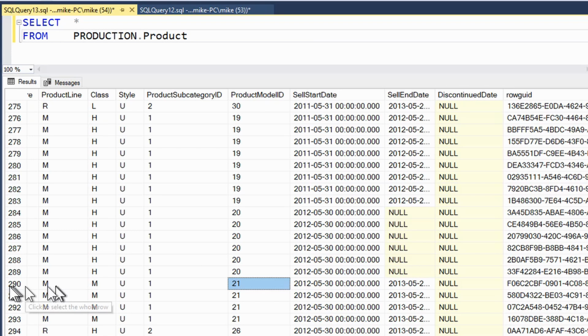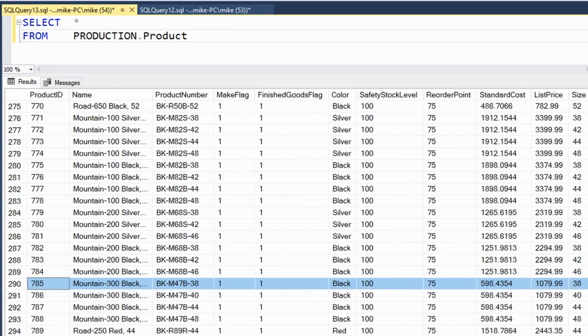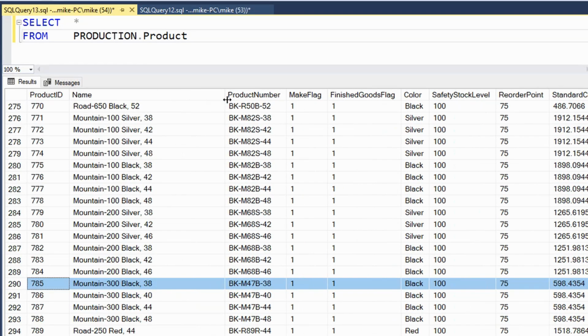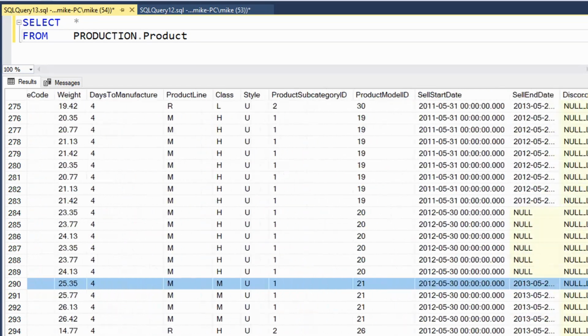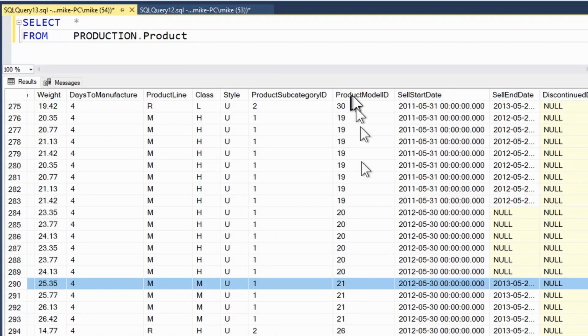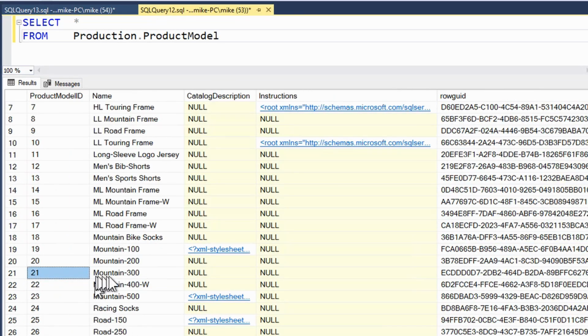Oh, there we go, there's one. So I'll go over to the far left and look at its product name, Mountain 300 Black 38. So it's a Mountain 300 bike, but this particular product is black and it's size 38. But thanks to that foreign key of 21 in product model ID, we know that its model is of name Mountain 300.